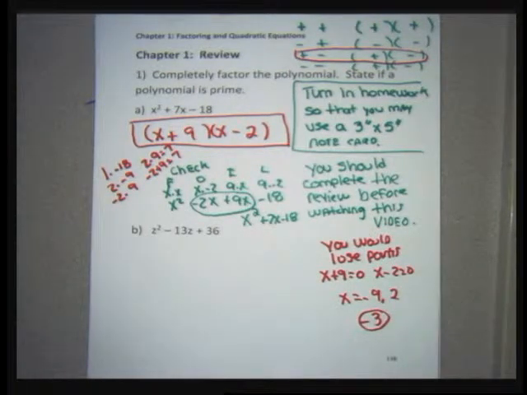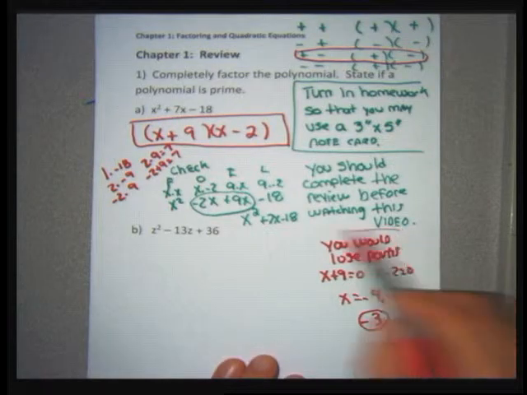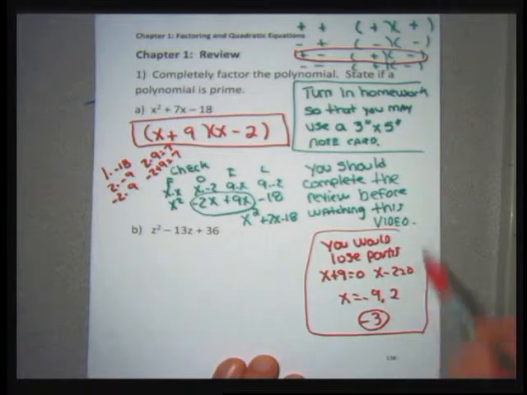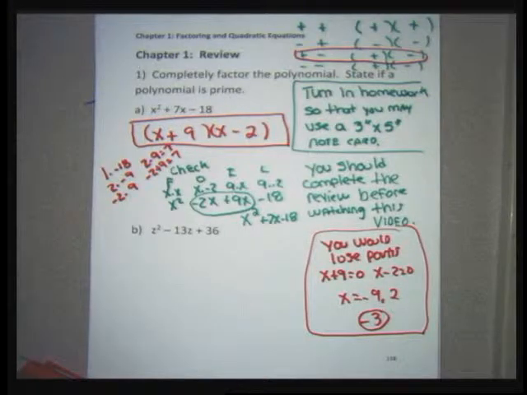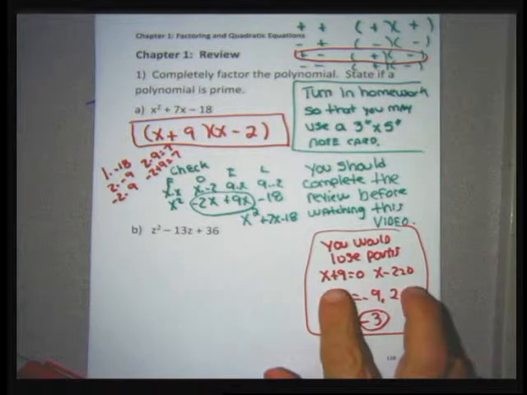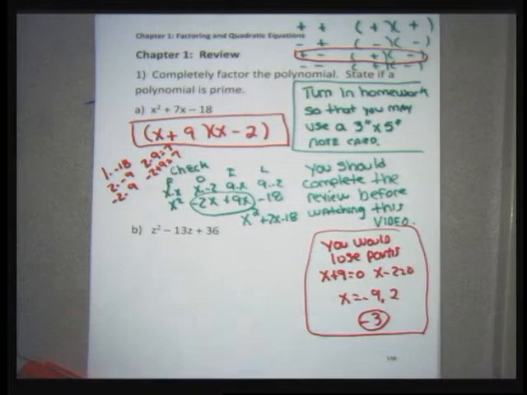My best guess is there's going to be either 20 problems worth 5 points each or 25 problems worth 4 points each. If the problems are worth 5 points each, you'd probably lose 3 if you did this wrong thing. If the problems are worth 4 points each, you'd probably lose 2. And I only do this step, set the parentheses equal to 0, when the problems have an equal sign.